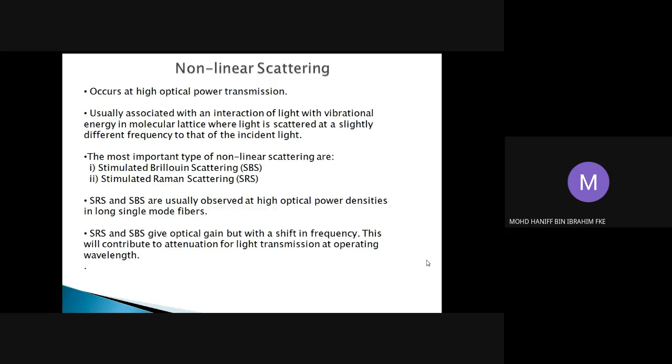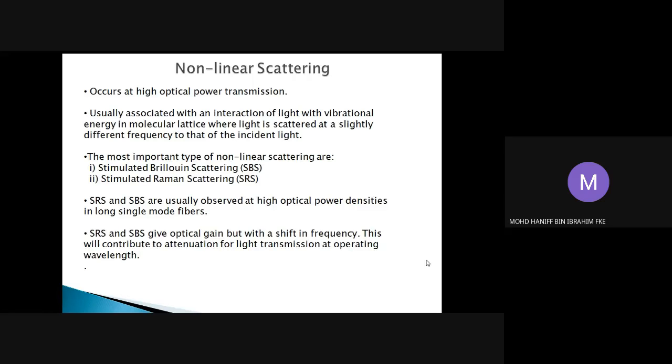But the drawback is that the effect will be a shifting in the frequency or the wavelength of operation, which is actually unwanted. In the transmission, if we transmit a lambda naught wavelength, at the output we also want the same wavelength.